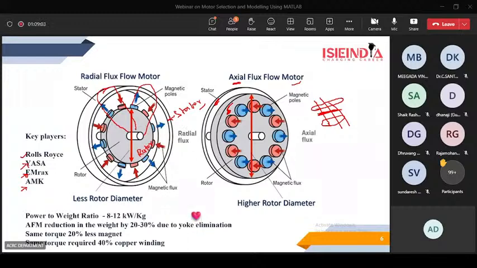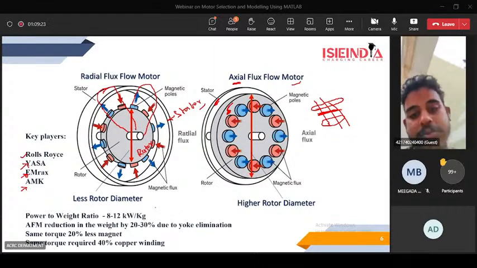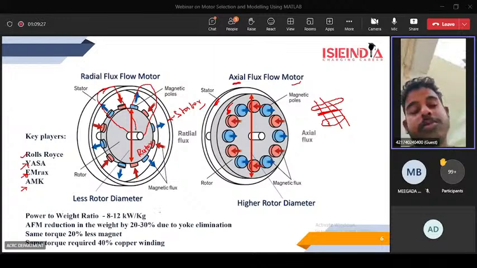The power to weight ratio is 8 to 12 kilowatt per kg. In our EV, the weight is also a factor upon which the range of the EV depends. Suppose we are using a motor of heavy weight, then there will be a range reduction.